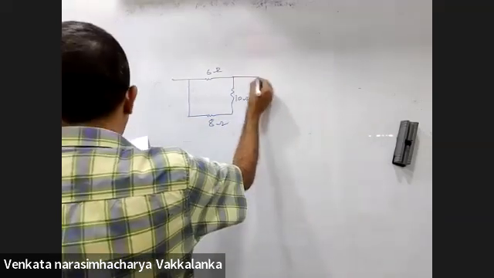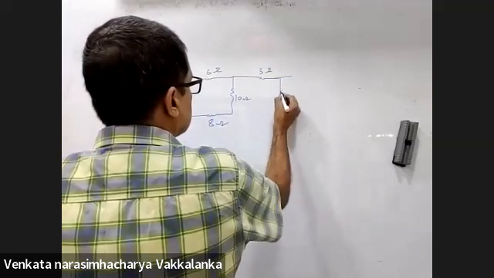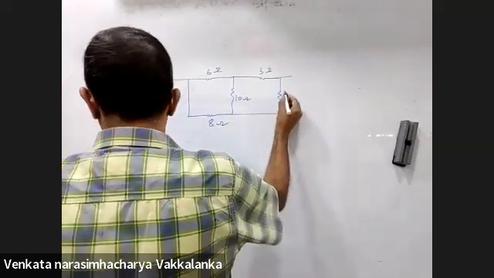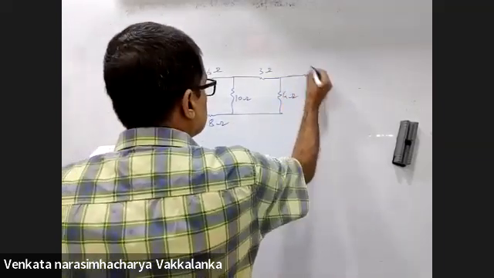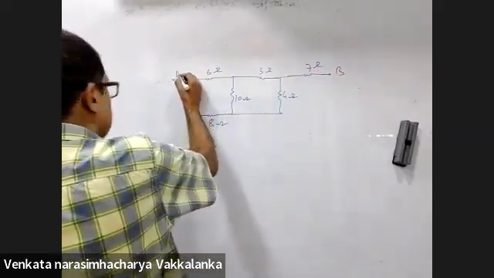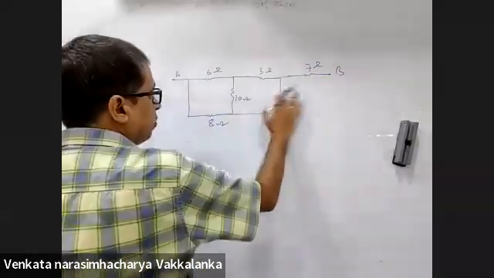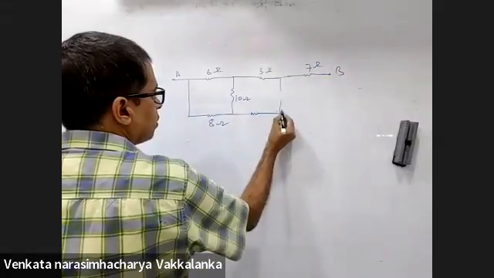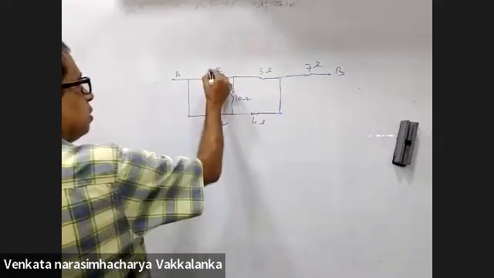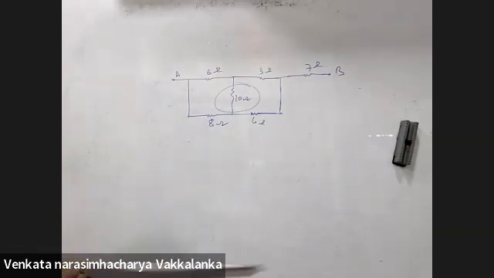This will be 10 ohms. This will be 3 ohms. This will be 4 ohms. This will be 7 ohms. This 4 I can bring here, right? This by this is equal to this by this. Remove this. Okay.